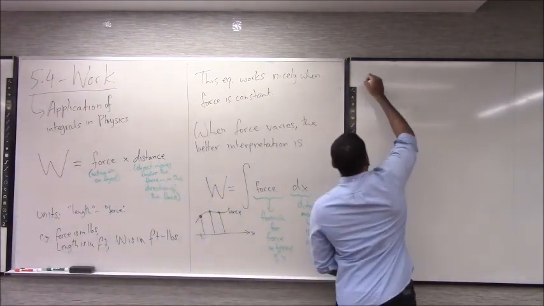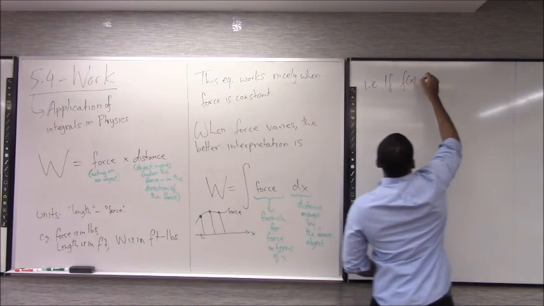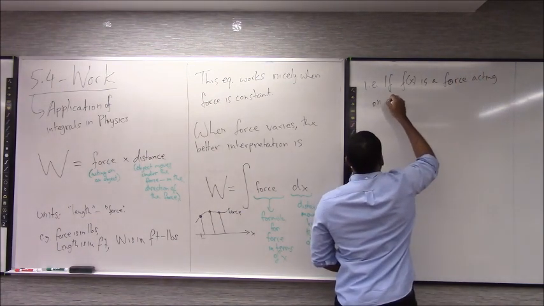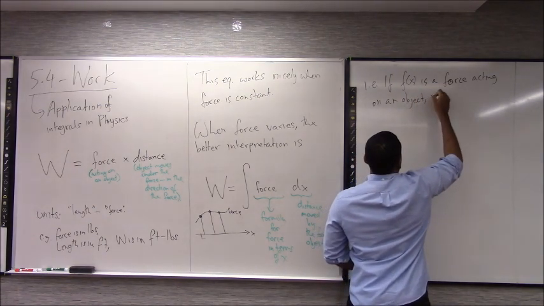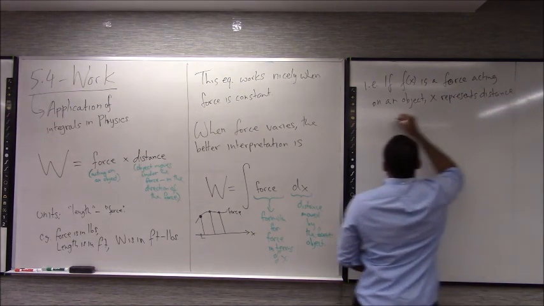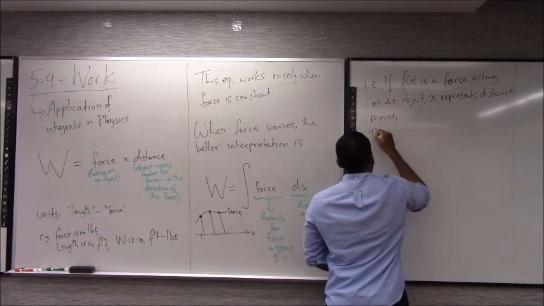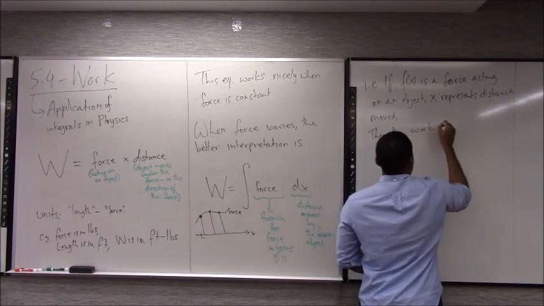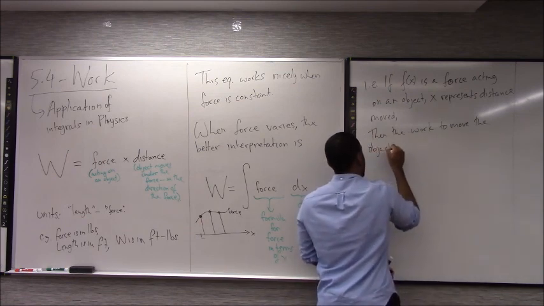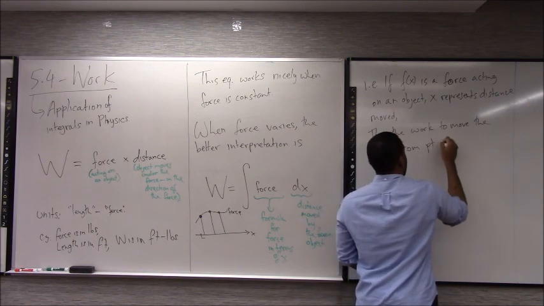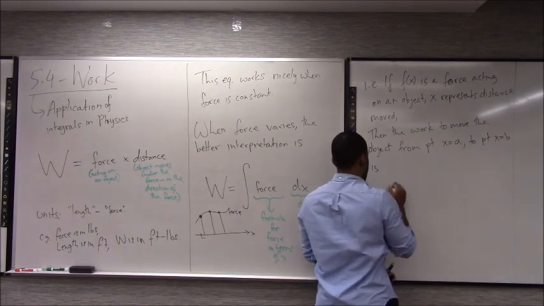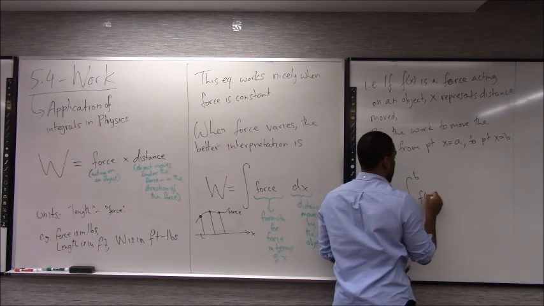Okay, so if f of x is the force acting on an object, and x represents the distance moved, then the work to move from the point x equals a to the point x equals b is given by the integral from a to b of f of x dx.